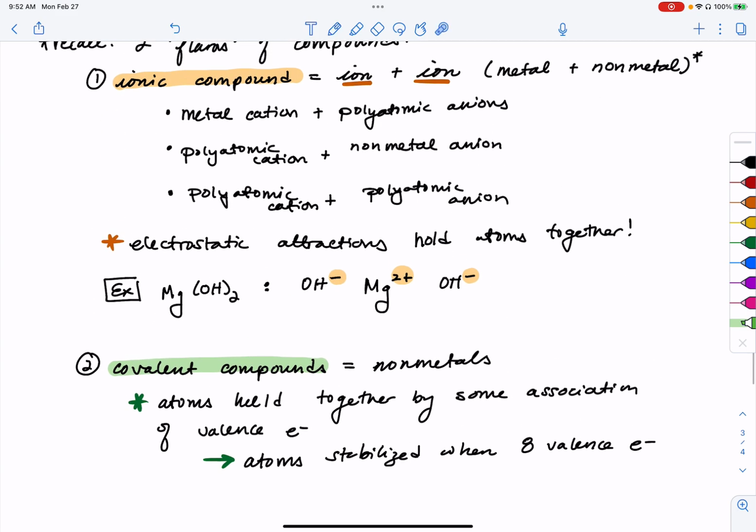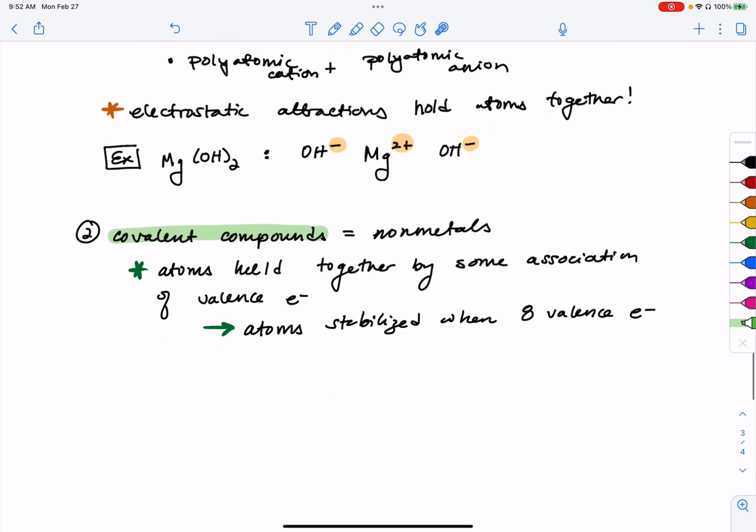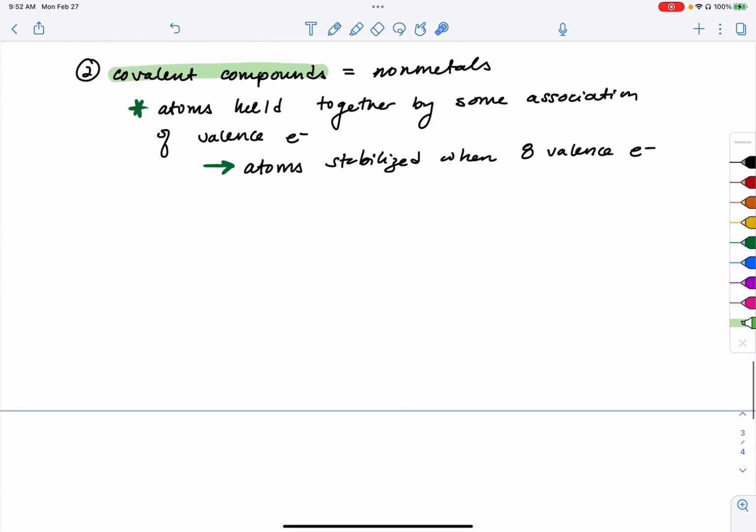Why do we have ions in the first place? But in covalent compounds, how is it that we can have an association between valence electrons that doesn't involve ionization? It's going to be through what we call covalent sharing, meaning that our compounds are formed because our atoms are achieving octet, or 8 valence electrons, through means other than creating ions, which is the complete removal or the complete acceptance of new electrons.